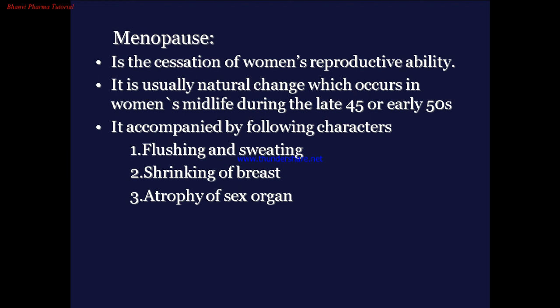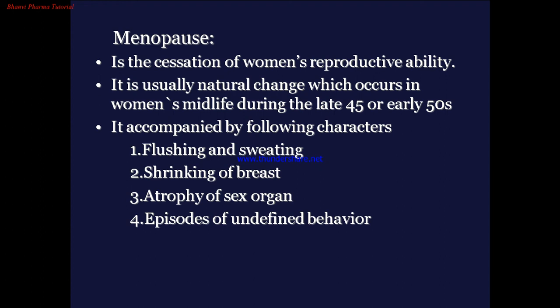Atrophy means they become small in size. Then pelvic hairs become sparse, and episodes of undefined behavior. Okay, these are the features of menopause.